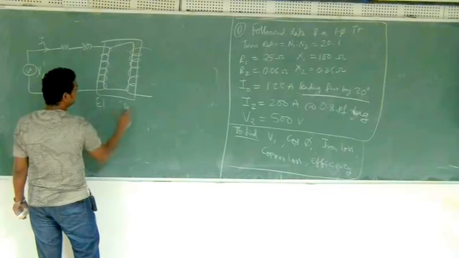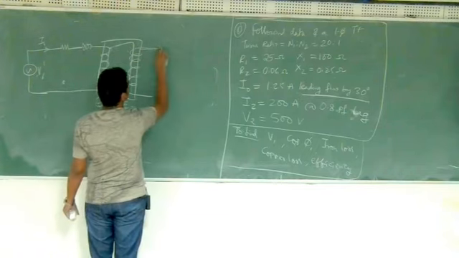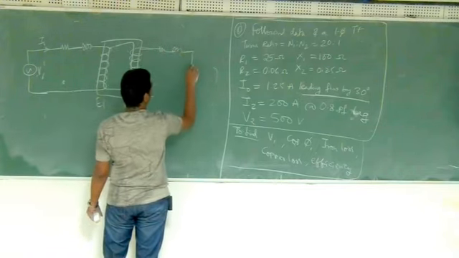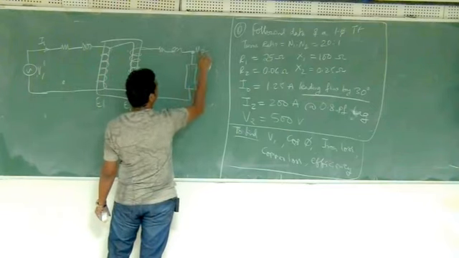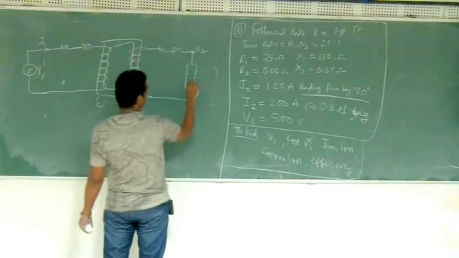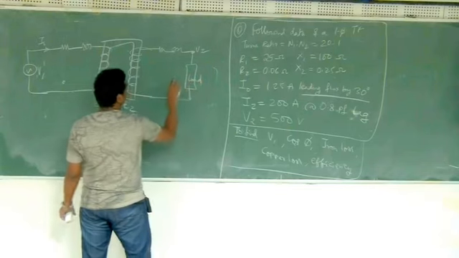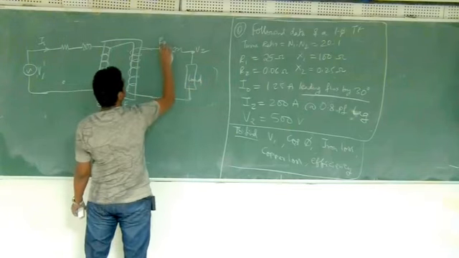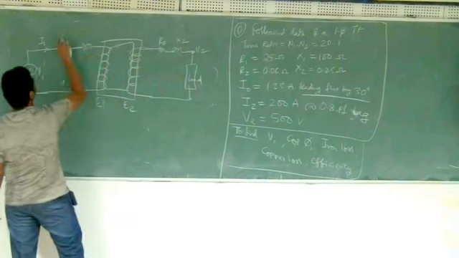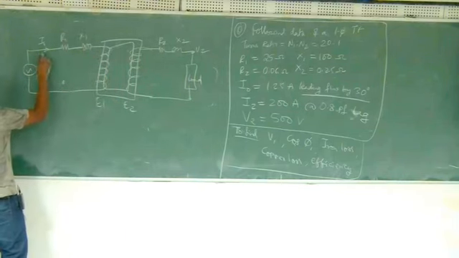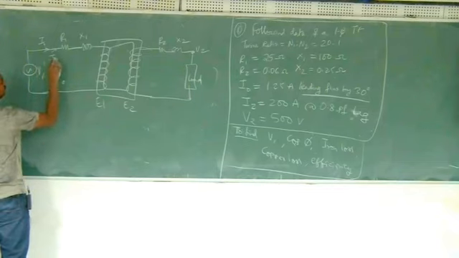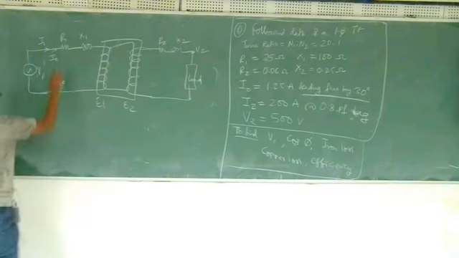This is E1, E2. This is V2, and this is the load. So this is R2, X2, R1, X1. And I naught is also given.